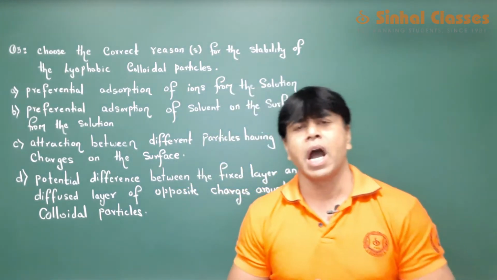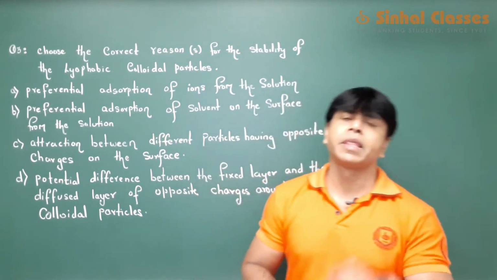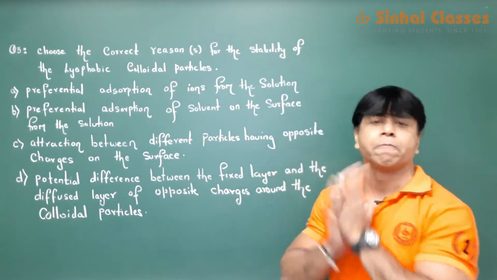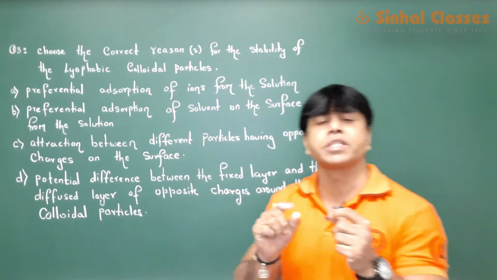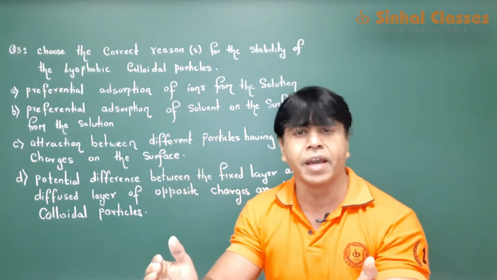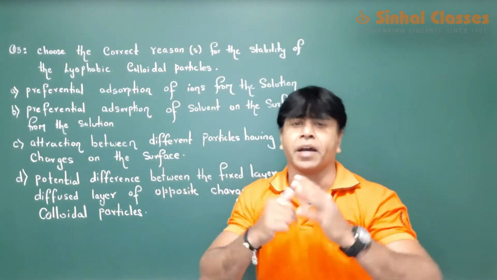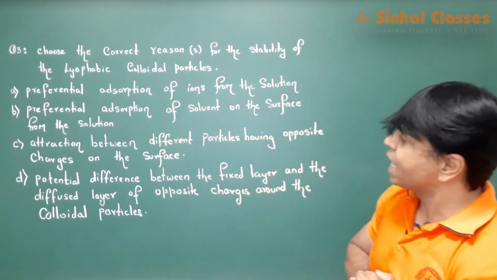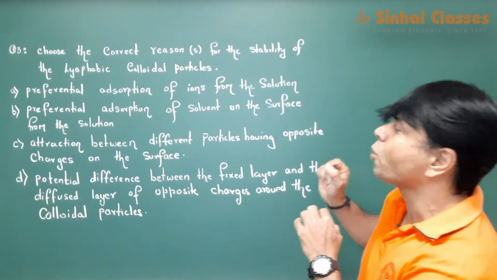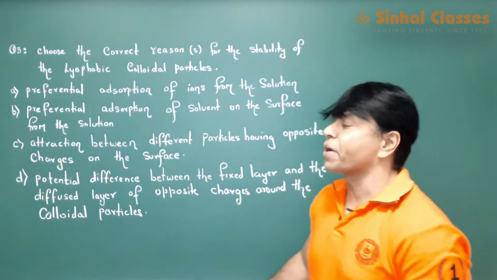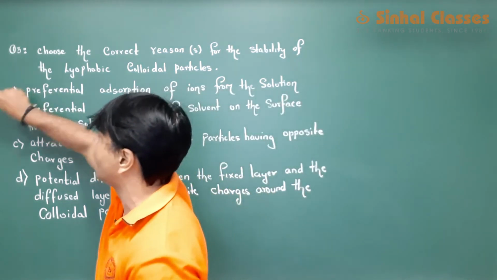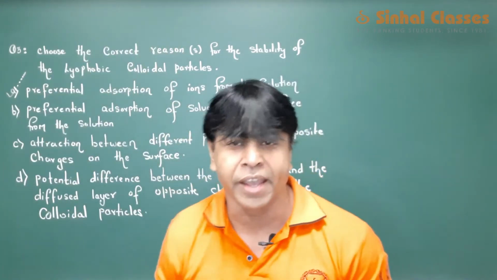Lyophobic sols are stabilized by the preferential adsorption of ions from the solution, because of which there is a potential difference developed between the fixed layer and the diffused layer. So in this case, the correct reason for the stability of lyophobic colloidal particles is the preferential adsorption of ions from the solution. So your answer for this question is A.